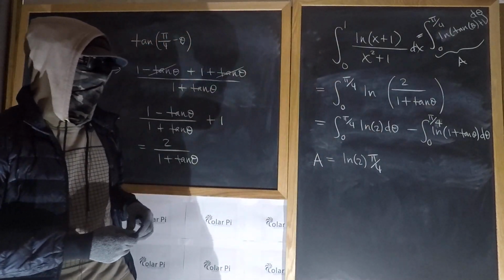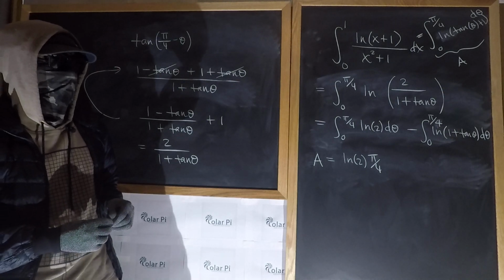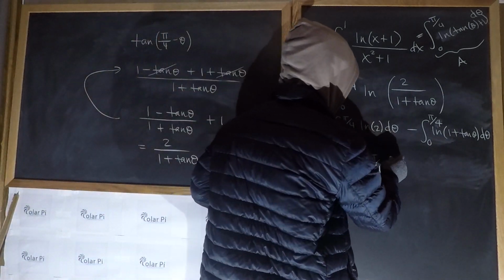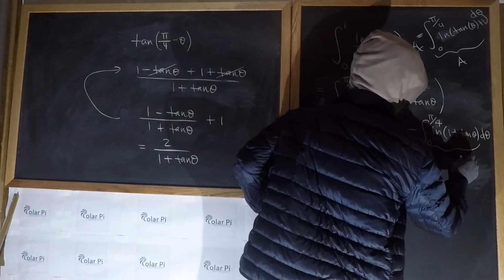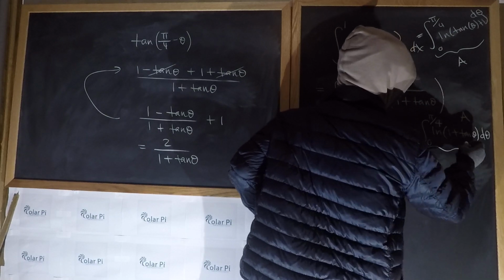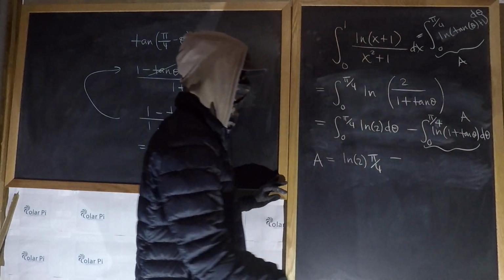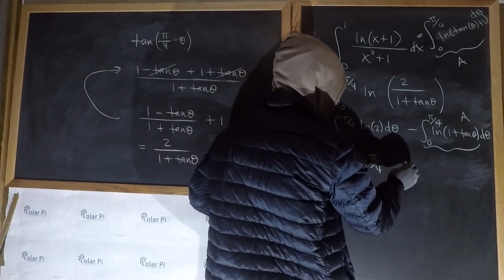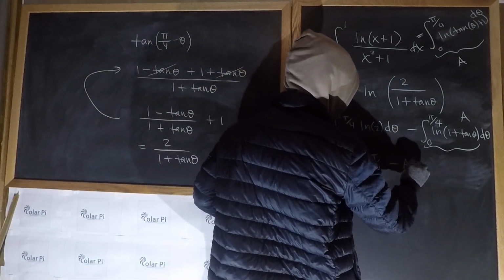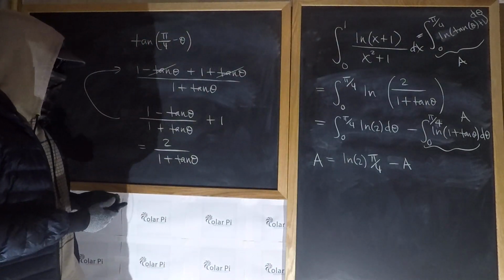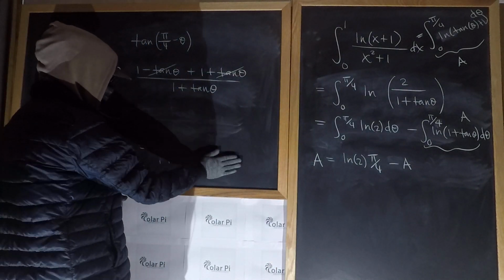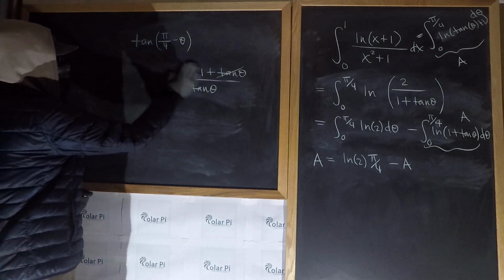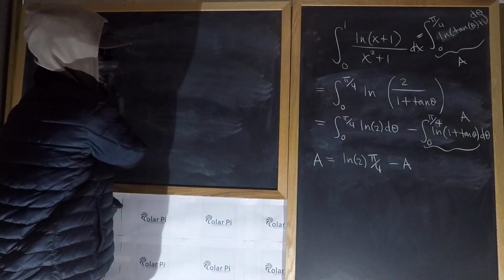So a is equal to ln 2 times pi over 4, and then minus, this here is a, right? Okay, so minus a. Why is this minus sign so high up? So minus a. Yeah, so you see where this is going to go? Right? Okay, so we're done, right?